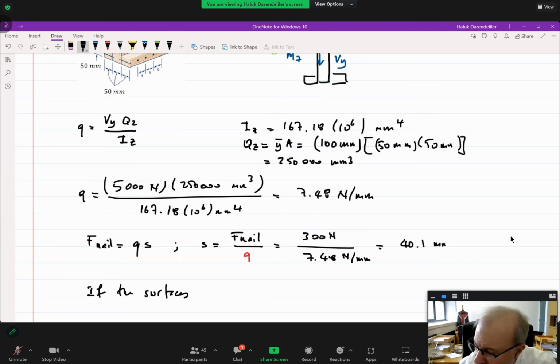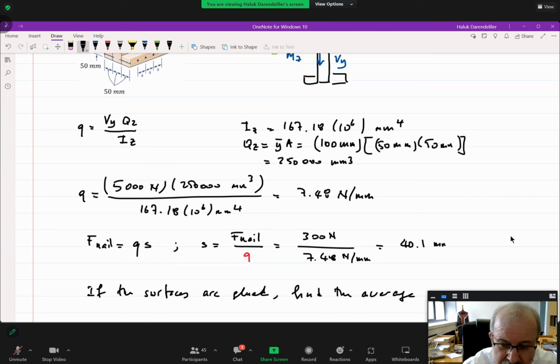Say that they are not joined together by the nails, but they are just glued to each other. Then what is the concern now? Let me tell you, find the shearing stress. Find the average shearing stress.